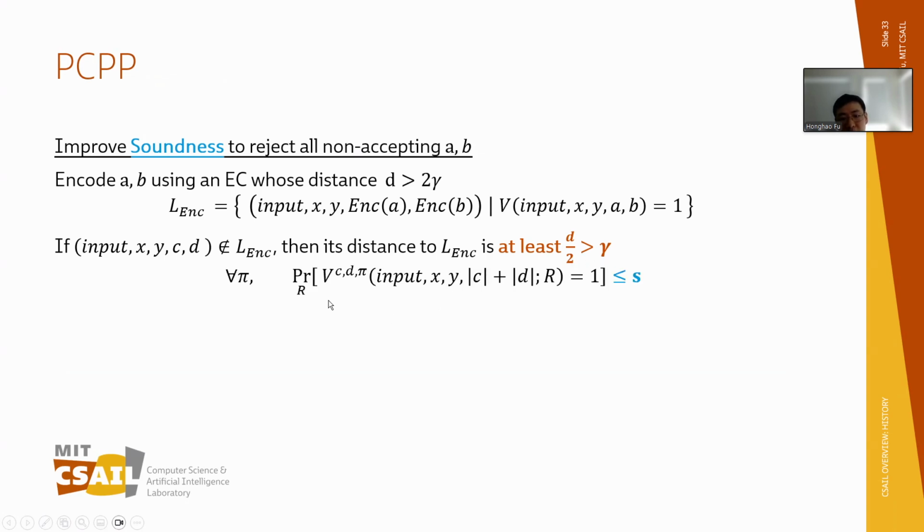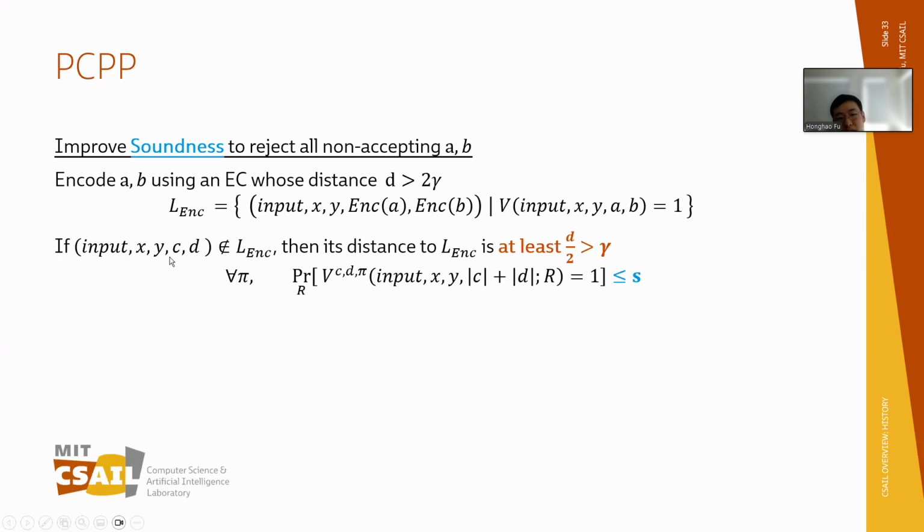Then the verifier is going to reject them, and reject them with probability 1 minus S. So this is how we make sure we reject all the invalid answers A and B.